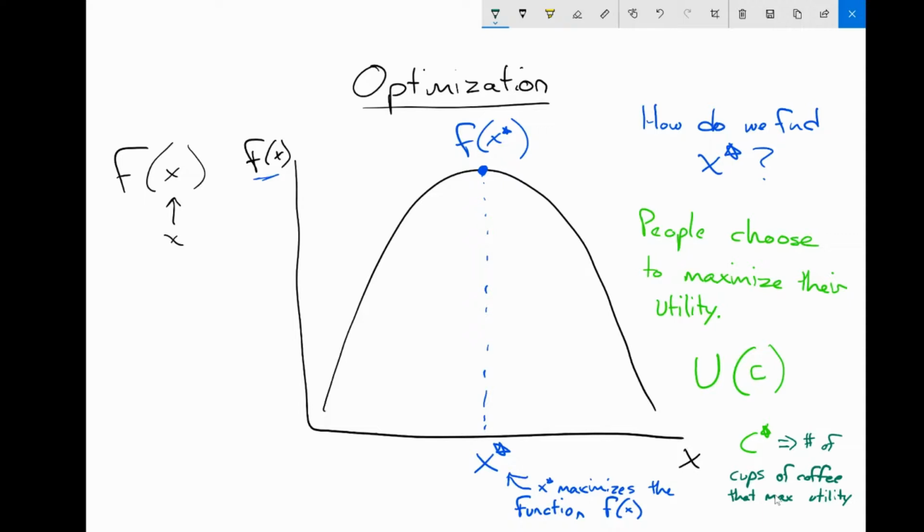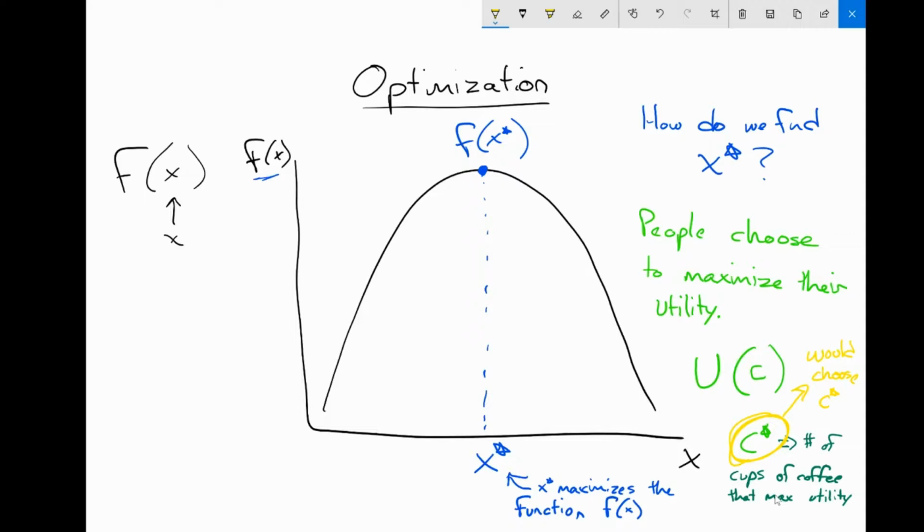And if we find the number of cups of coffee that they would need to drink to achieve the highest amount of utility, then that would mean that this level of coffee is the number of cups that they choose. So that means that they would choose C star.